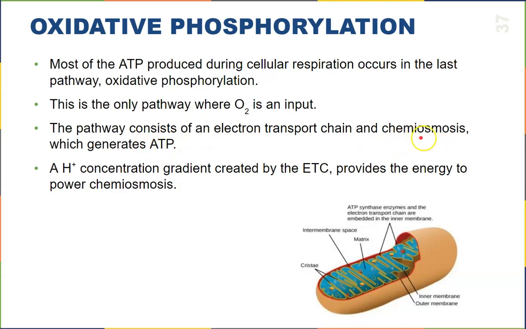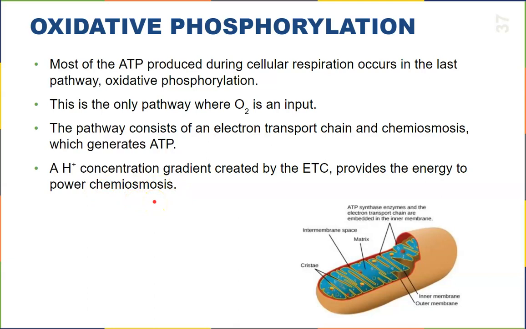But in chemiosmosis, we are going to be moving chemicals across the membrane, and that will provide enough electrochemical energy to make ATP. Interesting stuff, right? Really physical, chemical type of stuff.